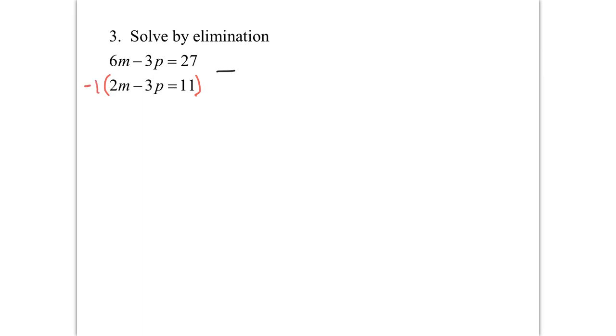So what happens when you multiply? The top stays the same: 6m minus 3p equals 27. The bottom, when you distribute, remember you're multiplying by a negative 1. All you do when you multiply by a negative 1 is change the sign of the numbers.